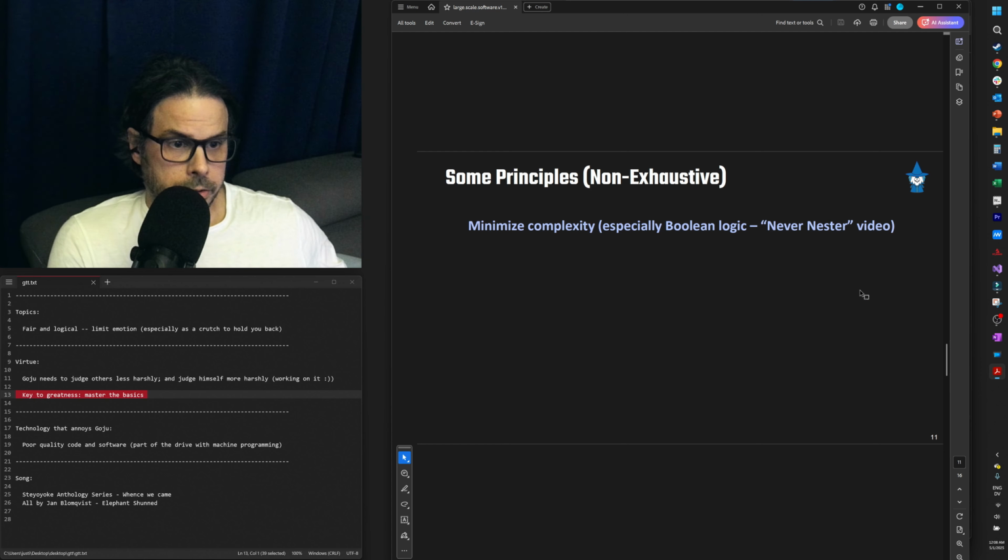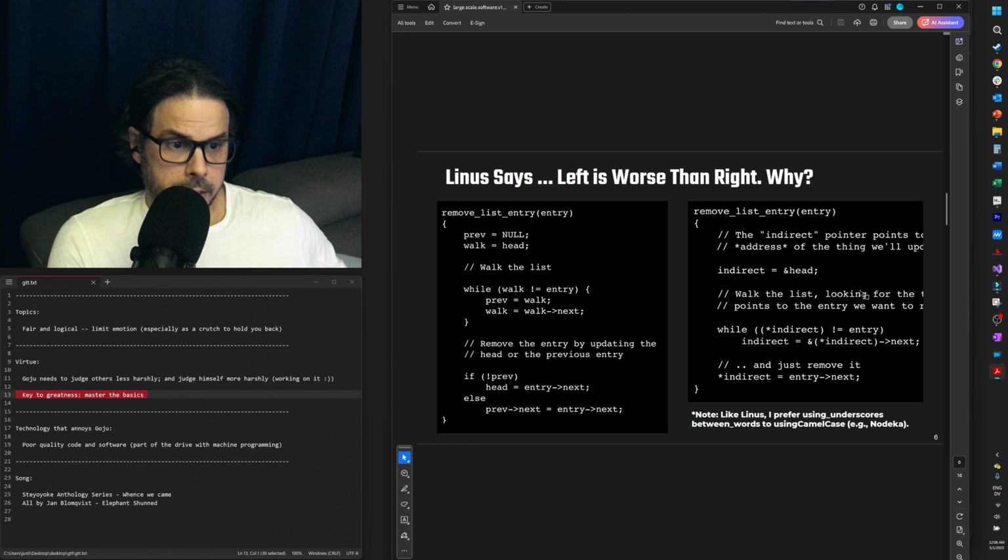And if you go back to Linus's example, I think that this is, in some sense, more complex, and it is less readable because of this case.